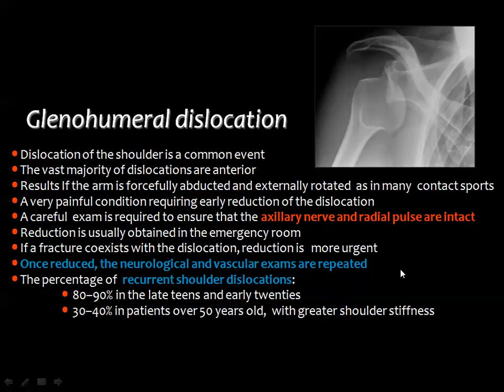Then about 80 to 90% of the shoulder dislocations are seen in young patients, while 30 to 40% are seen in patients above the age of 50 years.